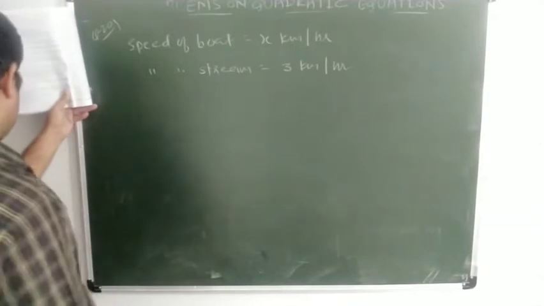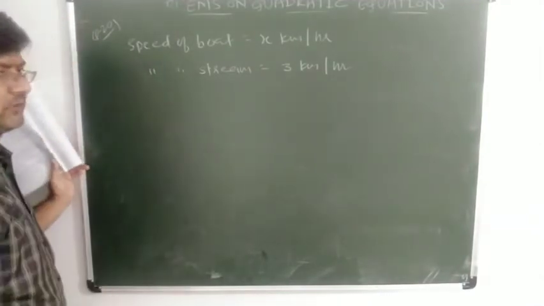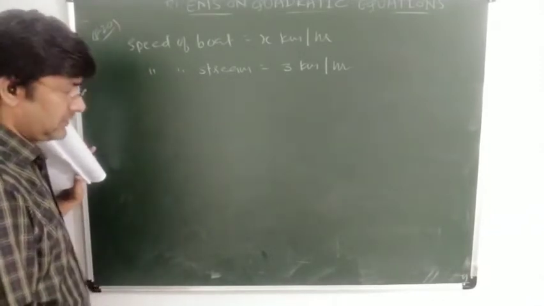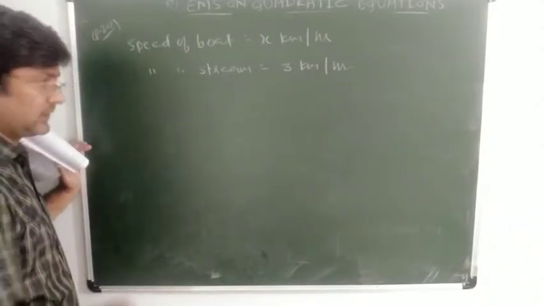Now write down the speed of boat upstream. So upstream speed will be obviously x minus 3, because moving upstream means moving in the opposite direction of water, so you will take the difference.